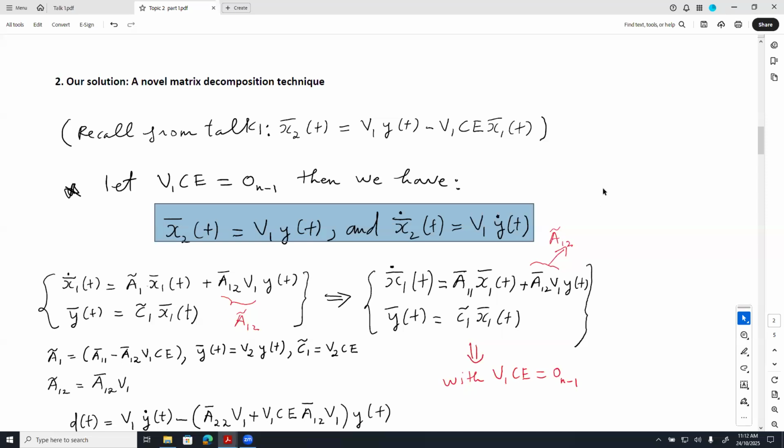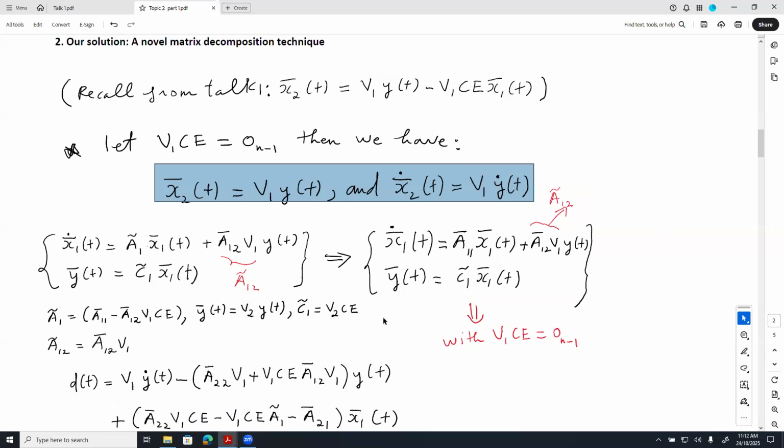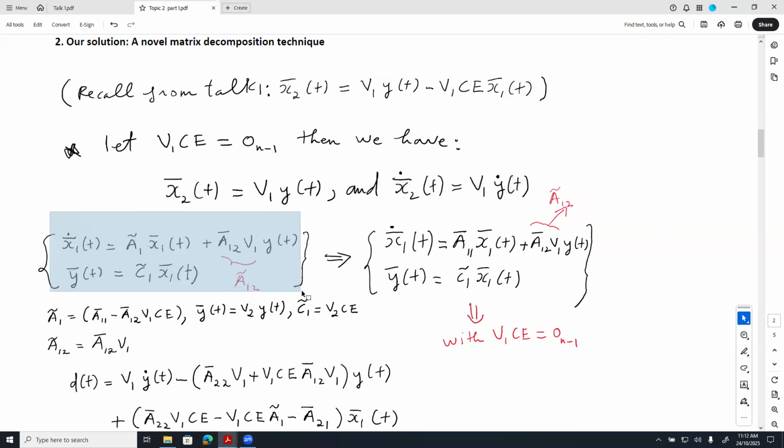And if that is the case, when we look at the reduced order system from Hou and Muller, where A tilde 1 is given by this expression.